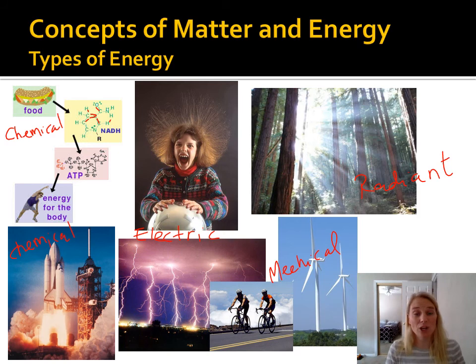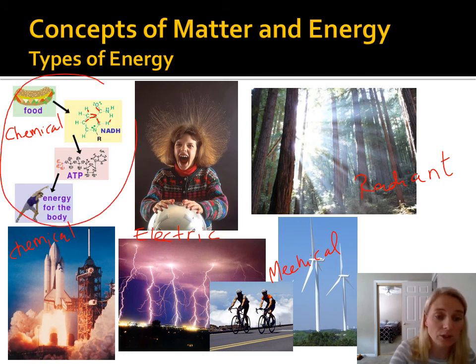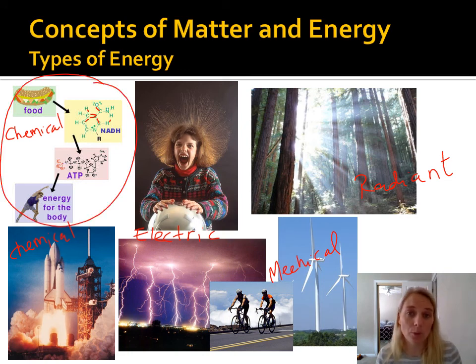Okay, so radiant energy could be light energy. It could be heat energy, like a heating pad or a fire, releasing that radiant energy. So these are just various types of energy. What we are mainly going to be concerned with in this class, especially in chapters 2 and 3, is chemical energy.